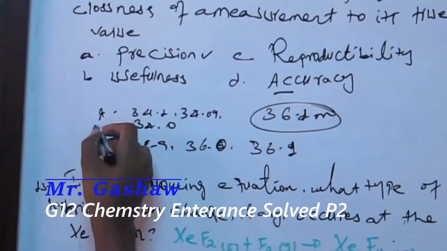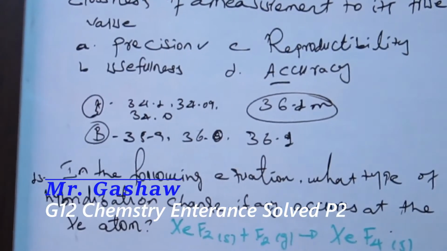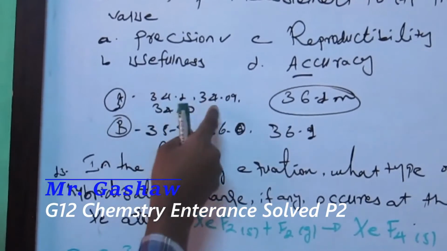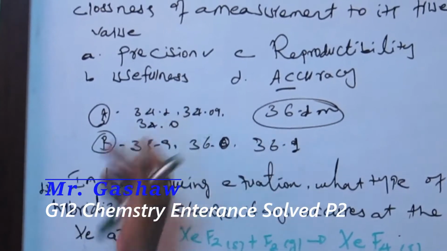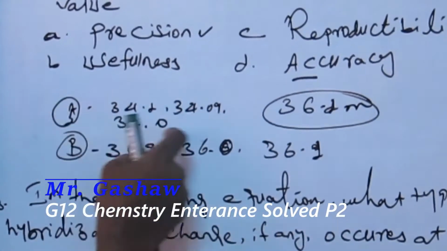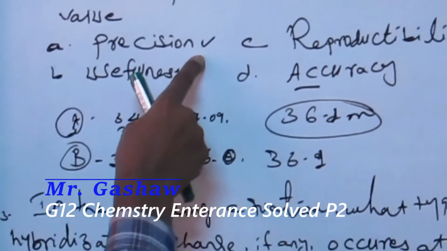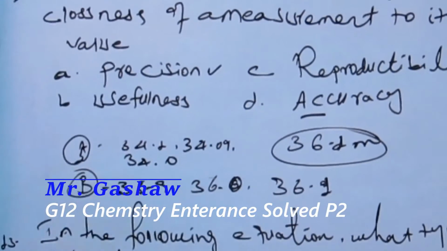When you compare student A with student B, student A measures 34.1, 34.09, 34.0, approximately 34. Every measurement is close to the others. So precision means the closeness of measured values to one another.